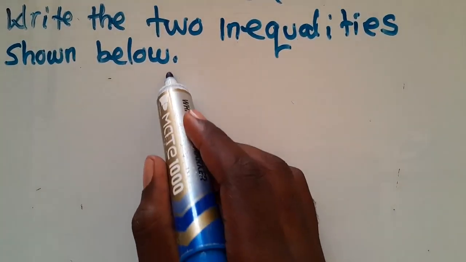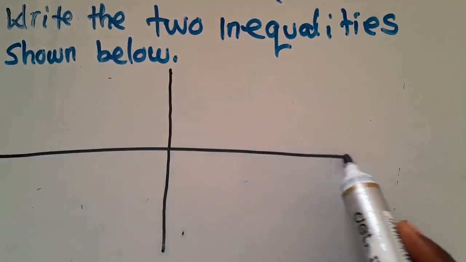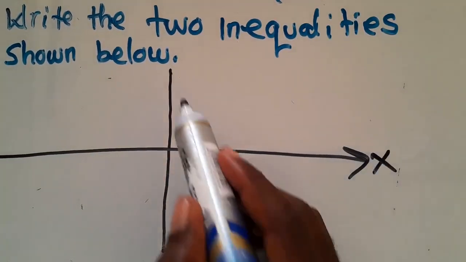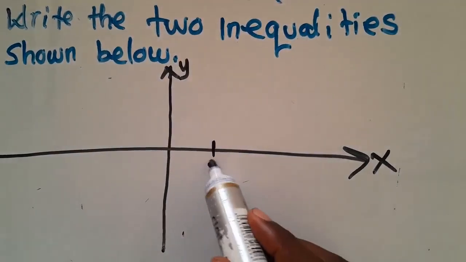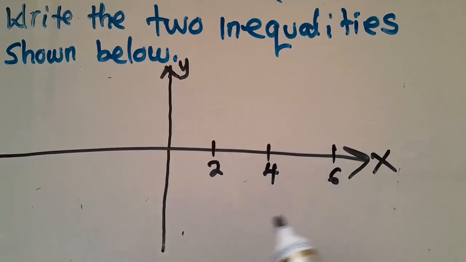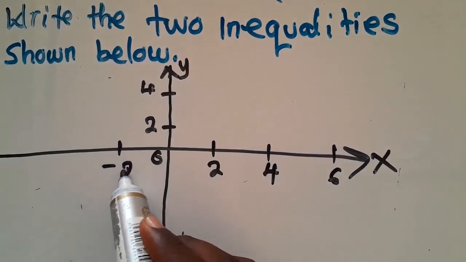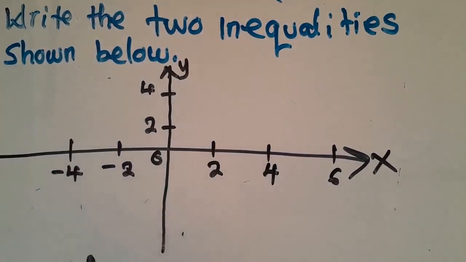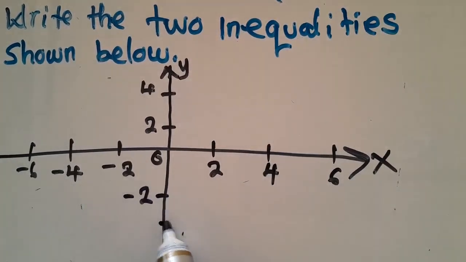So I'll do this. This is the x-axis, y-axis. So 2, 4, 6, 0, 2, 4, negative 2, negative 4, negative 6, like that.